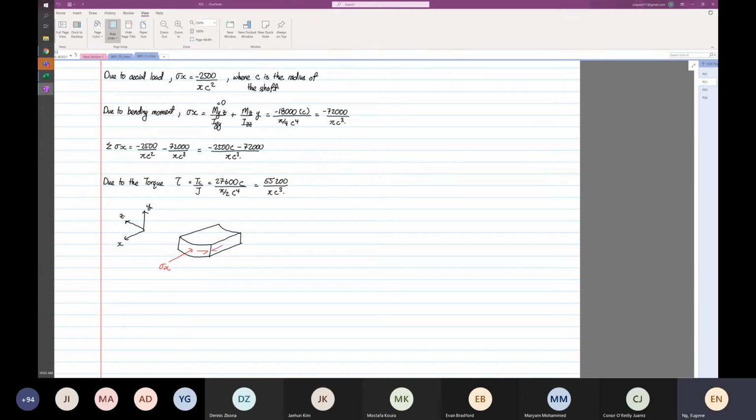Okay, so this is our shear. The shear is acting on the intersecting plane X, and the direction is in the Z.